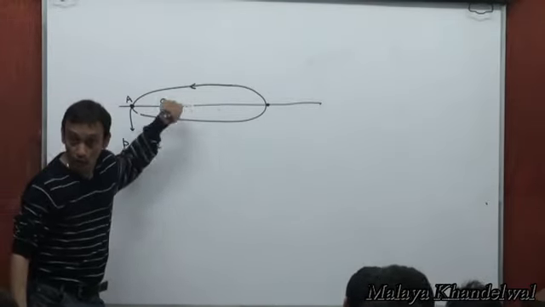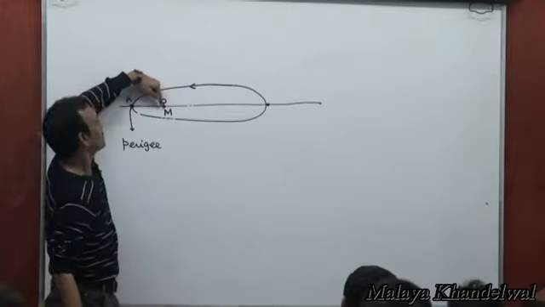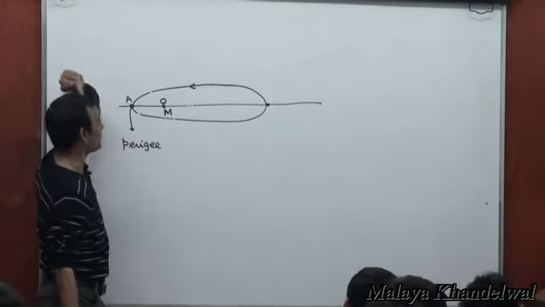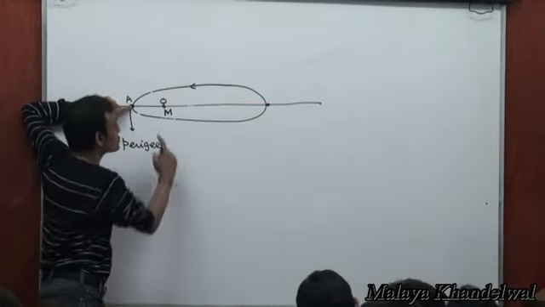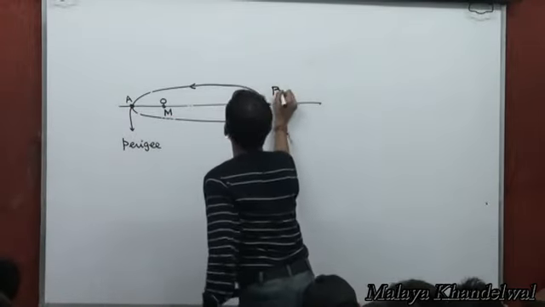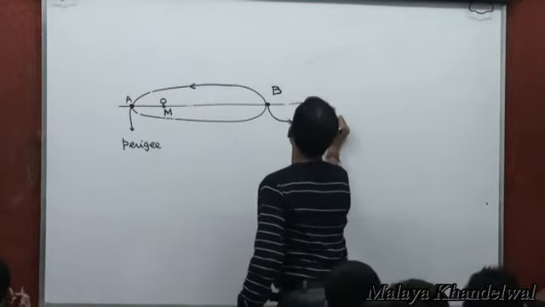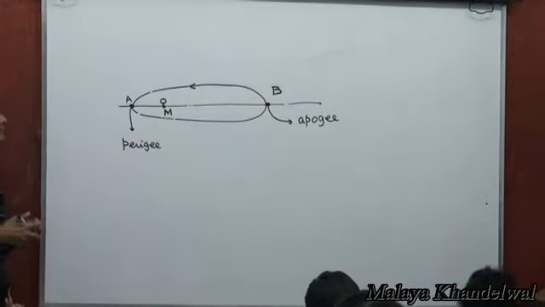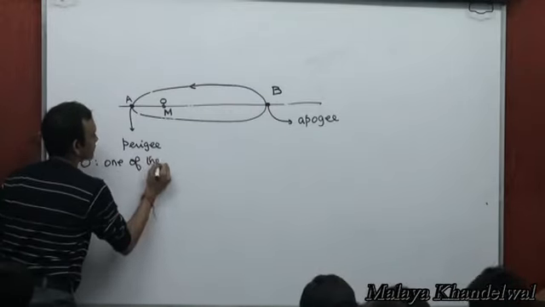So if a mass executes an ellipse with another gravitating mass at one of the foci, then in its elliptic journey there is a point A which is closest to M, and that point is called the perigee. And there is a point B which is farthest from M, and that's called the apogee. The point O is one of the foci of the ellipse.